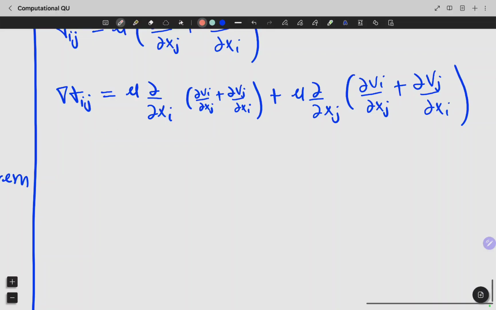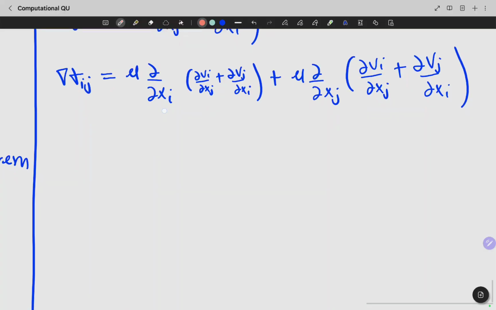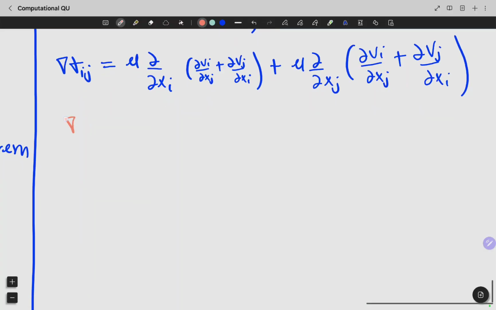And what will happen is that this is d by dxi. When it meets this one, let's quickly do it, you have mu d squared vi by, I can swap them. I can put this guy out and put this guy in. I can do dxj then dxi. You can switch them.